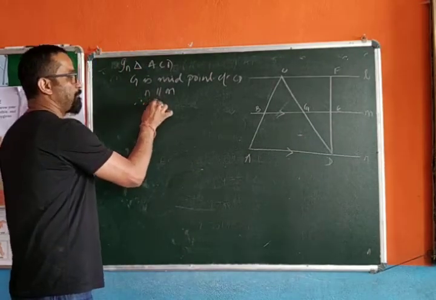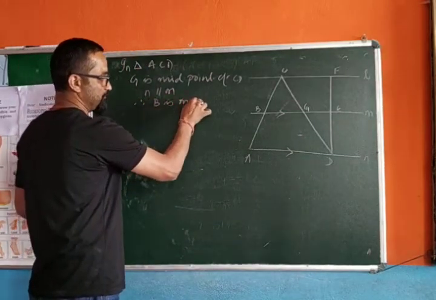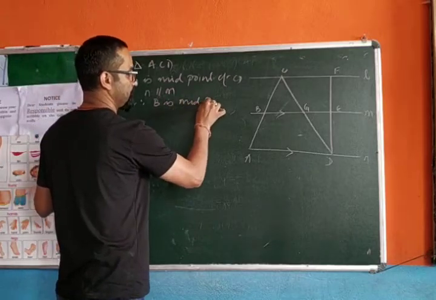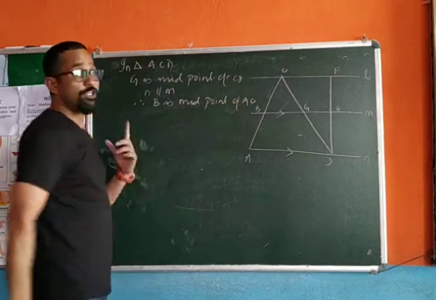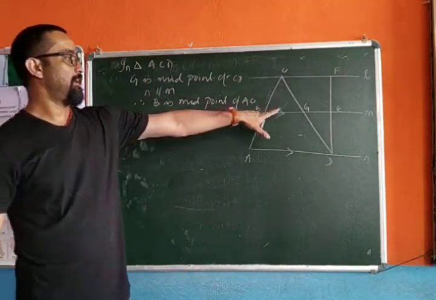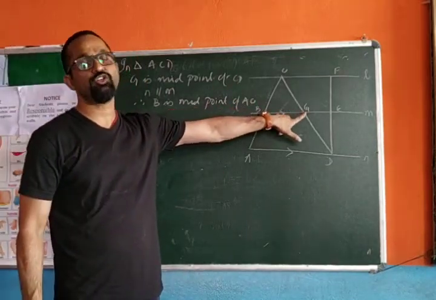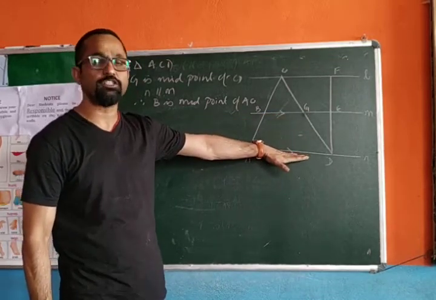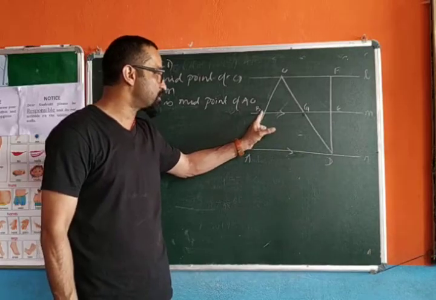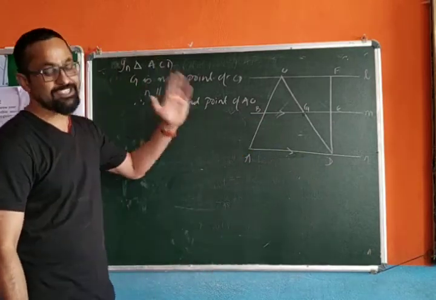Therefore, B is midpoint of AC. Converse of midpoint theorem: a line passing through the midpoint of one side of the triangle and parallel to the third side also passes through the midpoint of the second side.